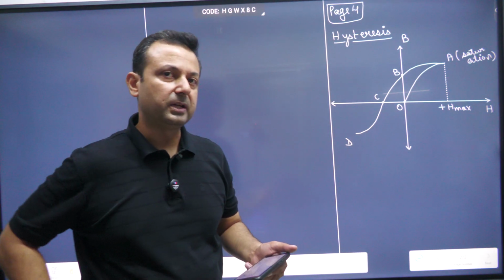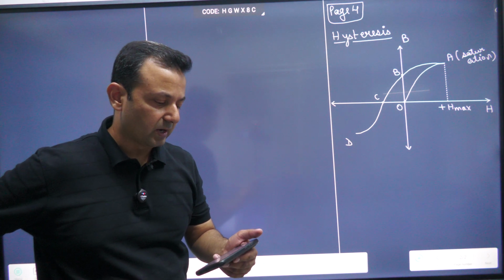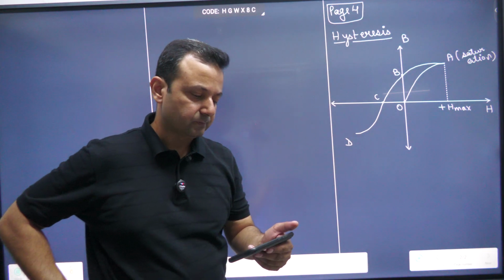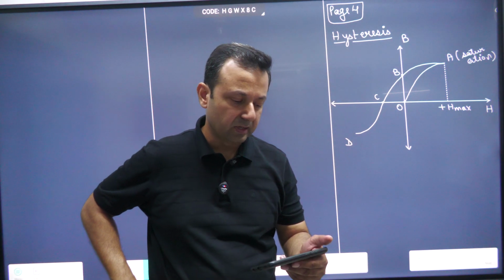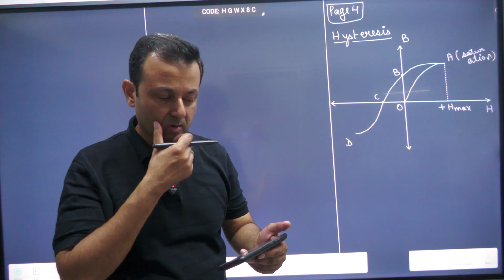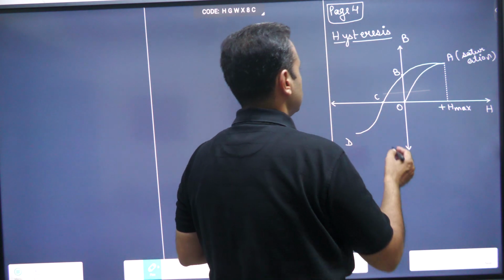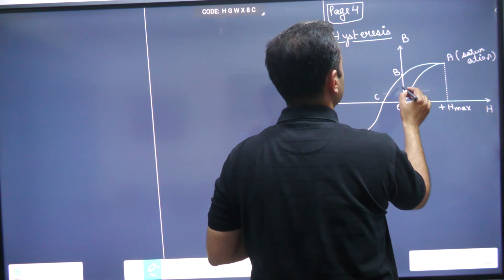On page number 28 of your notes, it is written that the magnetic induction OB left behind in the sample after the magnetizing field has been removed is called residual magnetism or retentivity or remanence.